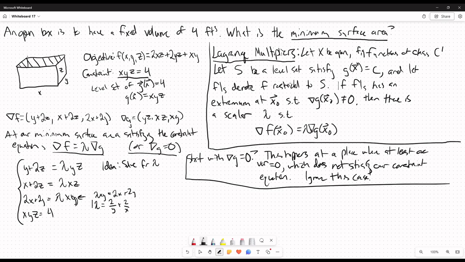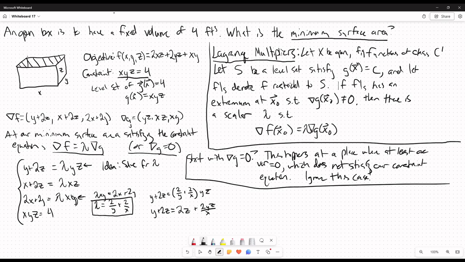And what we can do is we can actually substitute that into some of our other equations. Now we can look maybe at our first equation and see what happens when we substitute that in. We are going to get y plus 2z equals 2 over y plus 2 over x times yz. That's going to get us y plus 2z equals, let's see here, we're going to have 2z plus 2yz over x.